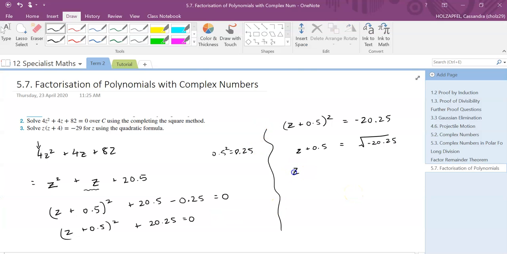So z plus 0.5 is equal to 9 halves i, which is the same as saying 4.5i. The next thing I'm going to do is subtract this from both sides. So I get z is equal to negative 0.5 plus 4.5i. So this would be the complex solution for the first question using the completing the square method.